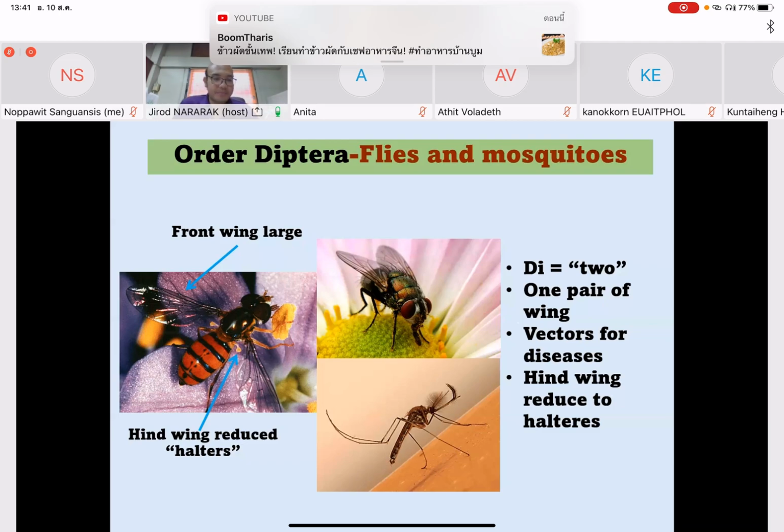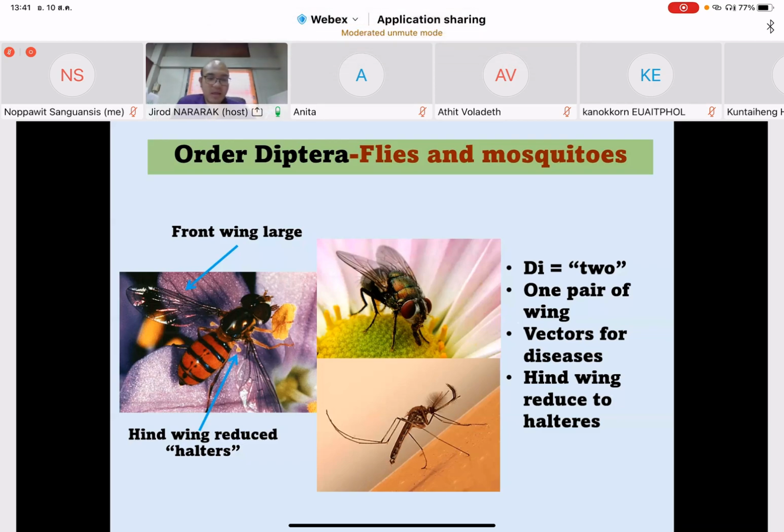And some insects are also pests in agriculture. But you can see here in the first picture, just to let you know, if you don't look very carefully, it really looks like a Hymenoptera.